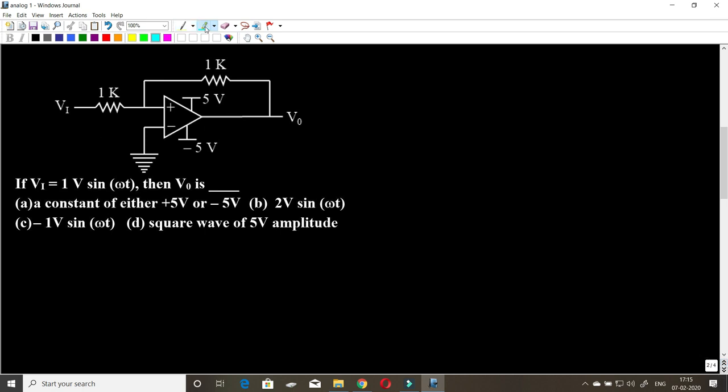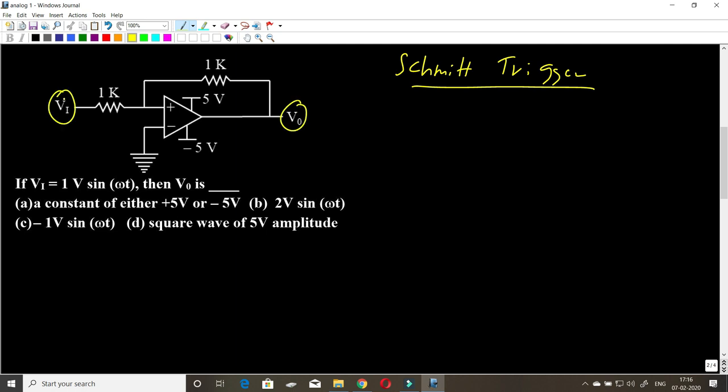So once again, we have an op-amp circuit, but this time the output of the op-amp through this 1 kilo ohm resistor is connected to the plus input terminal, which means this op-amp is in positive feedback. Well, you know, any op-amp which is in positive feedback will behave like a Schmitt trigger. And for any Schmitt trigger, the first thing we always do is to plot V0 versus Vi.